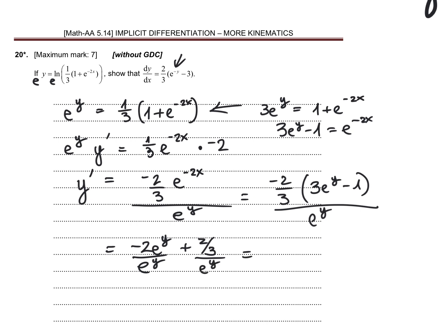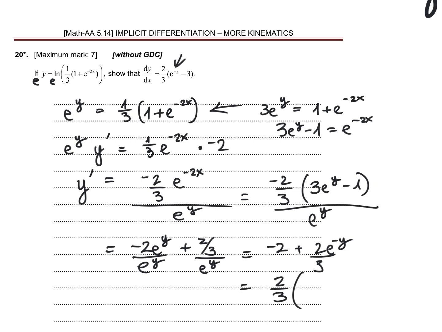So we're going to have negative 2 plus 2 over 3 e to the y, which I'm going to write as e to the negative y up here. So if we take out, they wanted 2/3 out. So we're dividing all this stuff by 2/3.